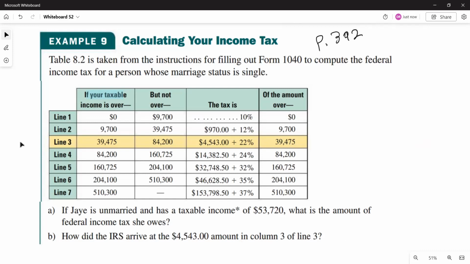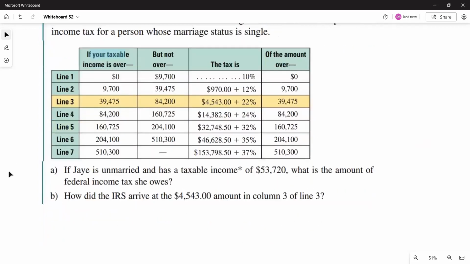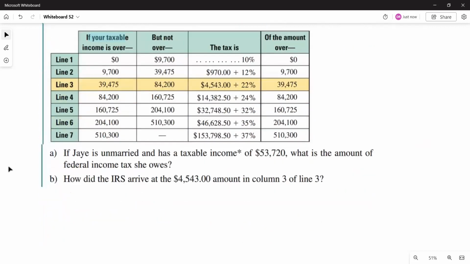If the taxable income is over 9,700 but not over 39,475, the tax is 970, that is 10% of the limit on the first line, plus 12% of the amount over that, and so on. So if Jay is unmarried and has a taxable income of 53,720, what is the amount of federal tax that she owes?